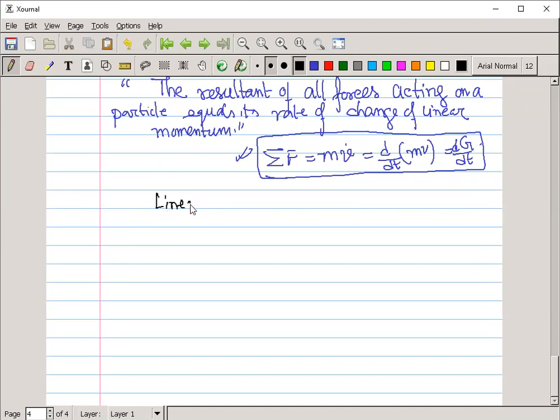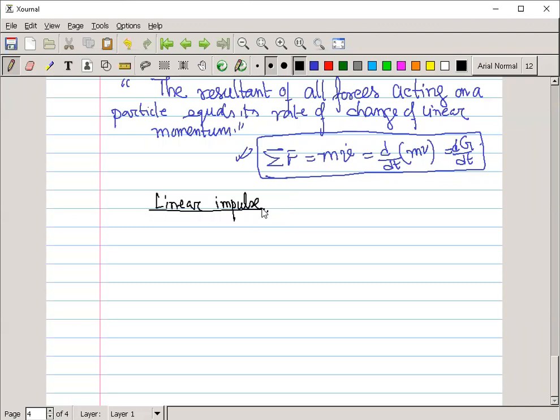If we are talking about linear impulse, we can say it is the effect of that resultant force acting on the linear momentum of a particle over a period of time; simply integrate it with respect to time, then it is said to be the linear impulse.